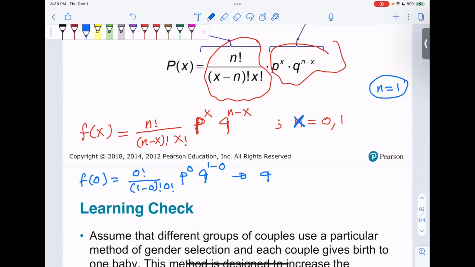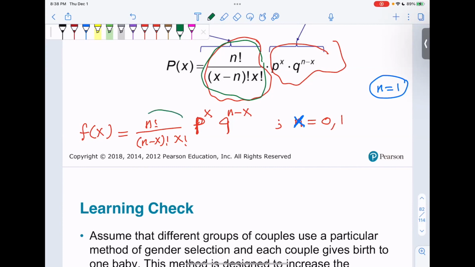But what I want to do here is just apply it. If you put x equal to 1, then we will get p in this case. So just apply it to this first part. If we put x equal to 0 to this part, what will you have? 1, right?